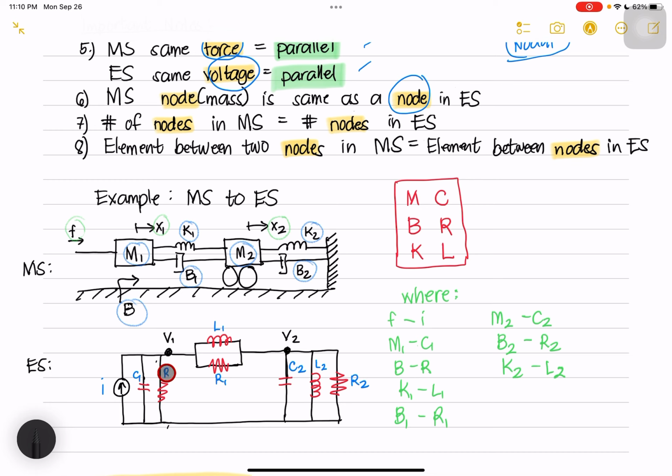Meaning, pare-pareho ng voltages ang dumadaan dito sa parallel components. So, saan na tayo? K2. Anong katumbas ng K? L. So, we have L2 here. Then, B2, we have R2. So, that's how you convert a mechanical system with input force to current system.